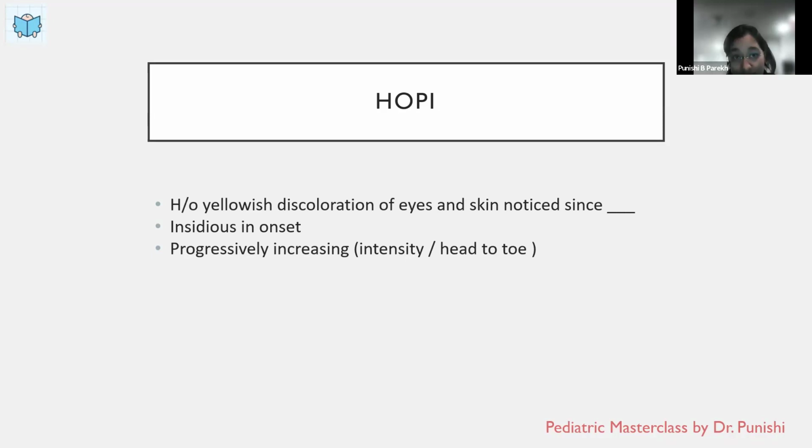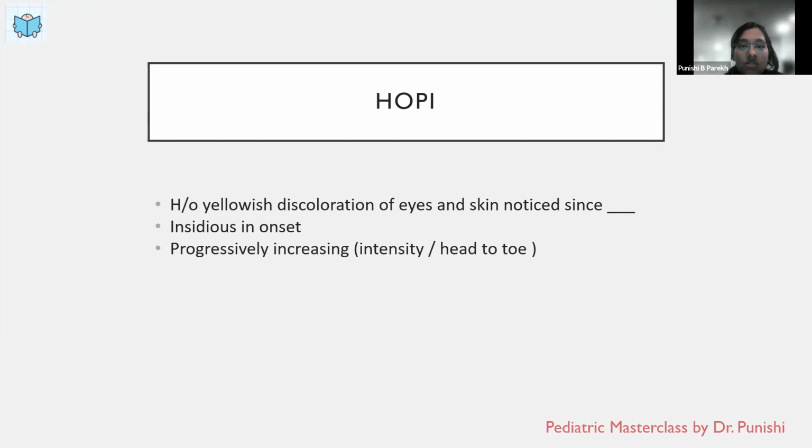Okay, so that's about the intensity. Now you all know that jaundice usually moves in a craniocaudal direction, from the head down to the legs. But that is very difficult for the parents to tell you. So usually they will give you a history that the intensity of the yellowishness has increased, but they will probably not tell you a head to toe progression.